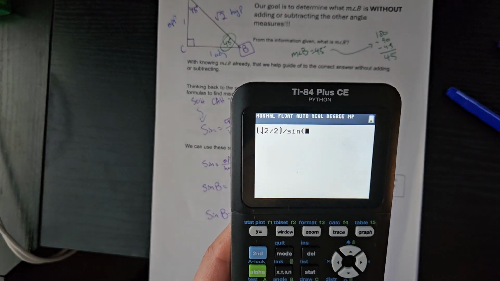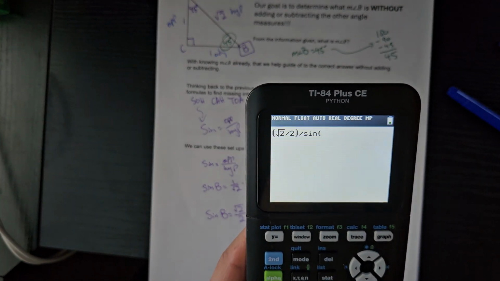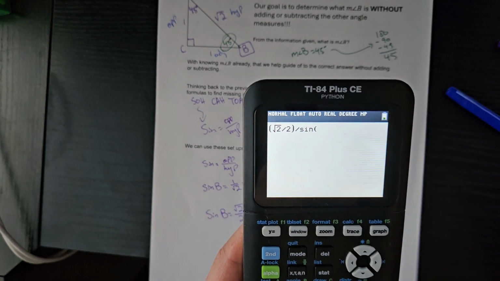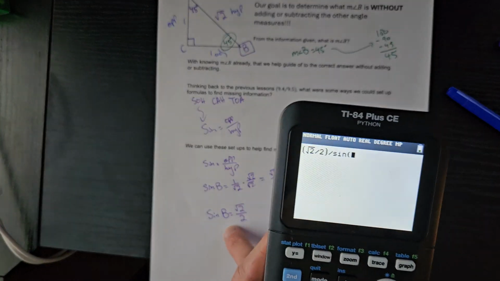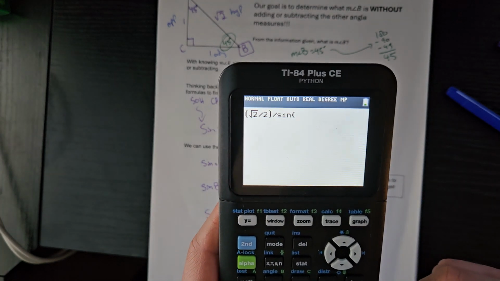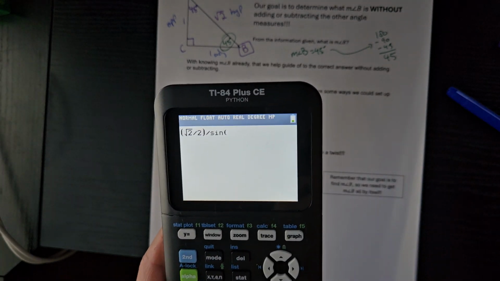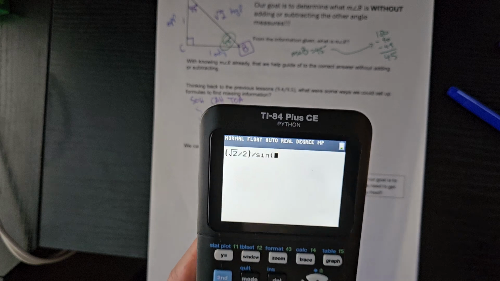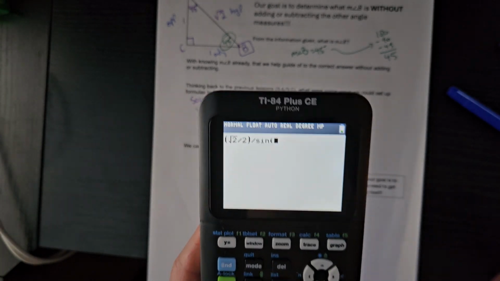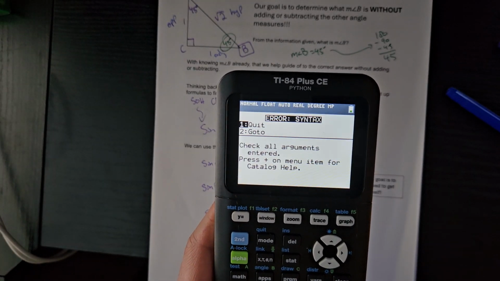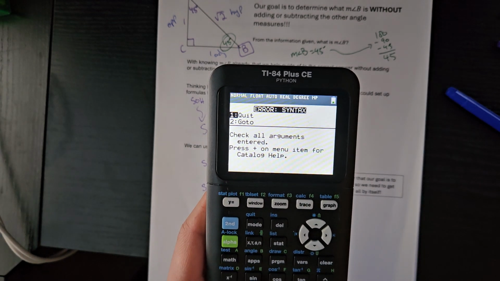Oh, wait. What am I going to put into sine? Since I'm trying to find this B right here, I don't know what I'm going to put in it to actually do the division. Let's just try hitting enter. I get an error.